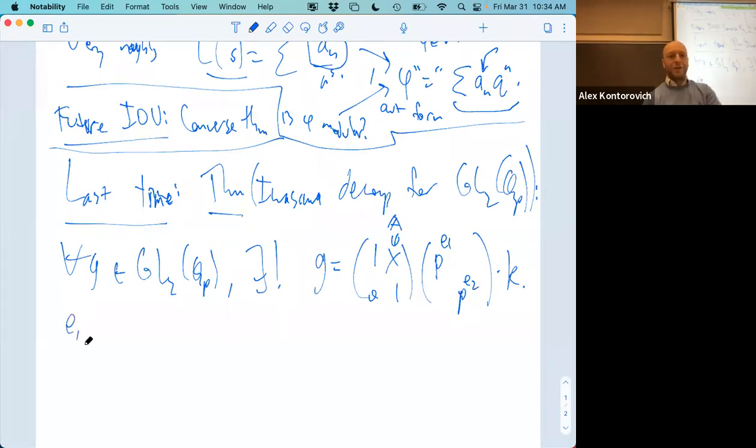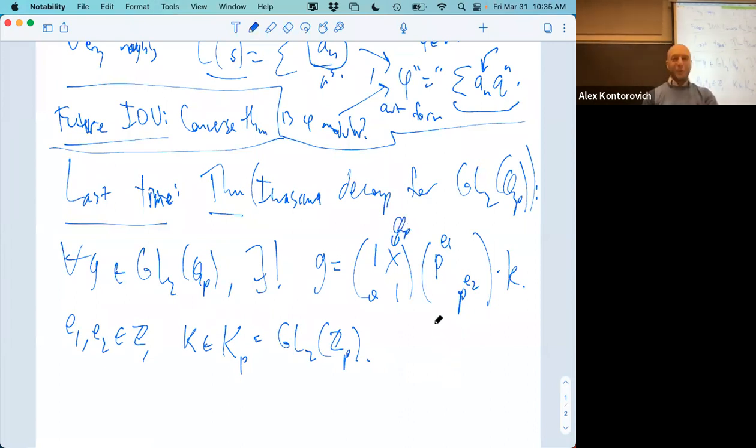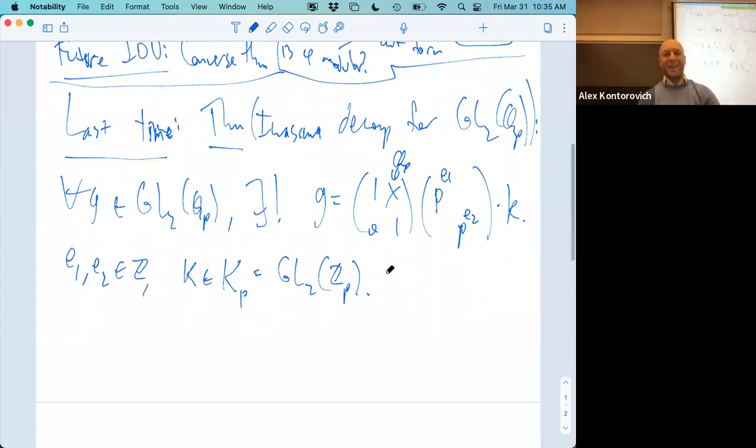These e1 and e2 are integers, and k is in the maximal compact, which is GL2(Z_p). Thank you, I'm getting ahead of myself. That's next. x is in Q_p, and that's not enough.